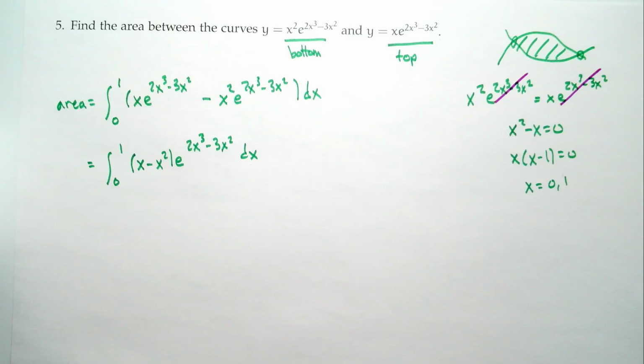Now, what can we do here? Yeah, it's not on our list of 8, which of course is not very surprising. But what we can do is say, okay, there's not really much algebra or trig we can do, but substitution looks like a good candidate.